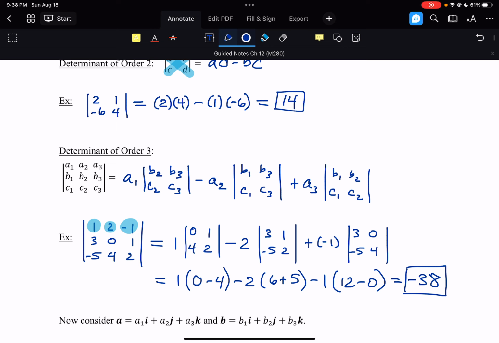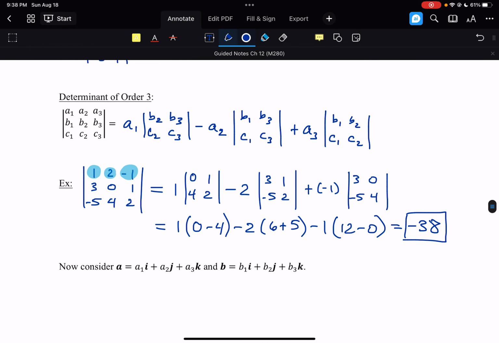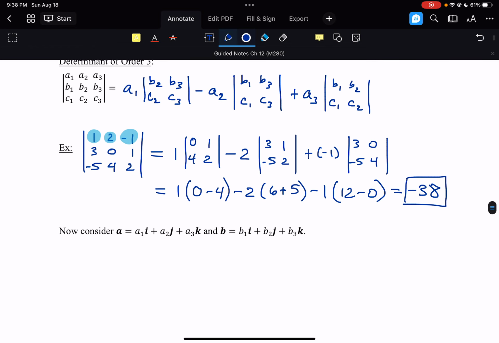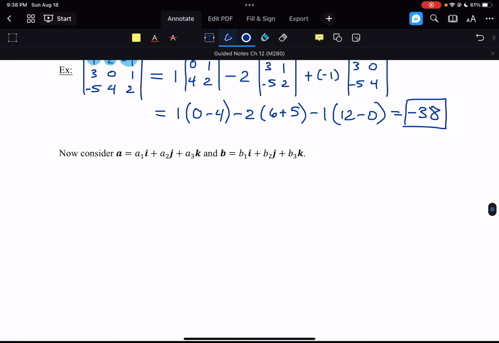Well, if we go ahead and take a look at our cross product formula again, but this time we're going to use the standard basis vectors, that i, j, k notation that we saw a couple sections ago.